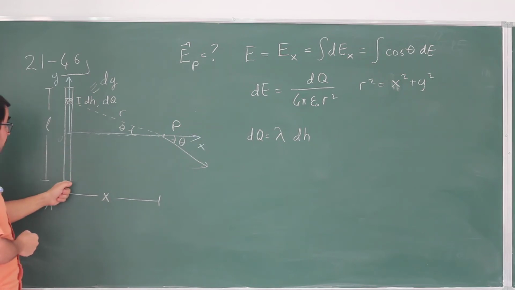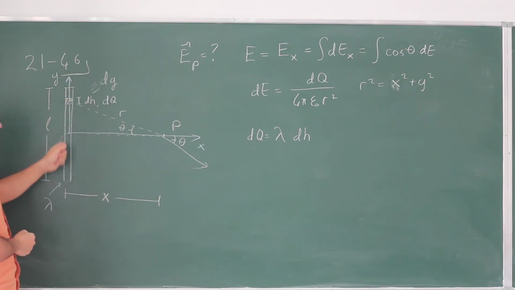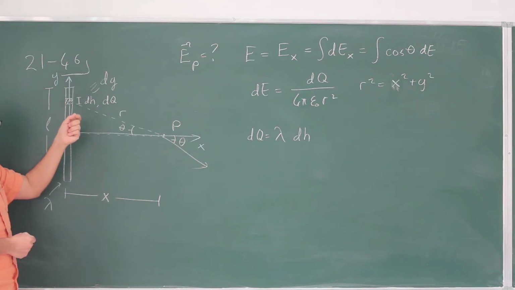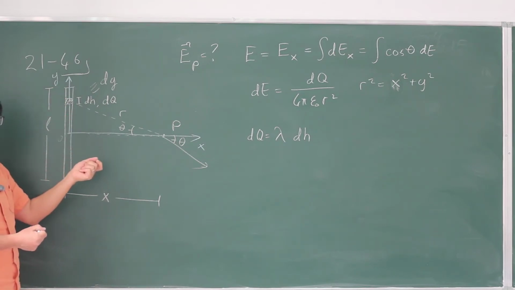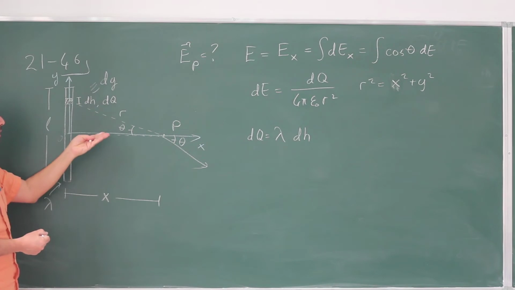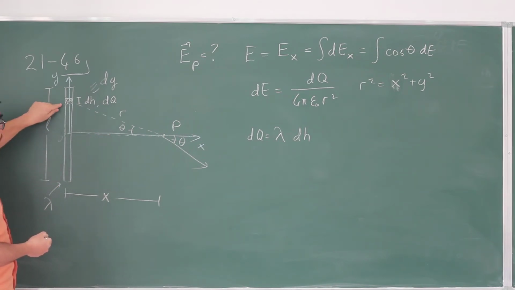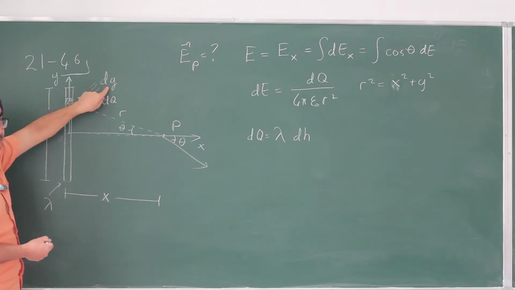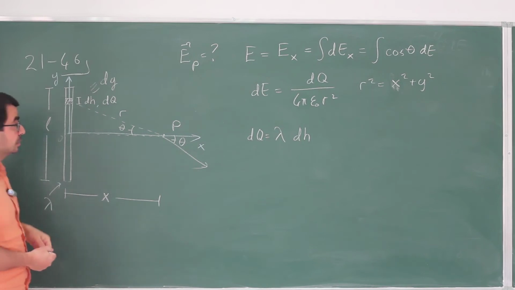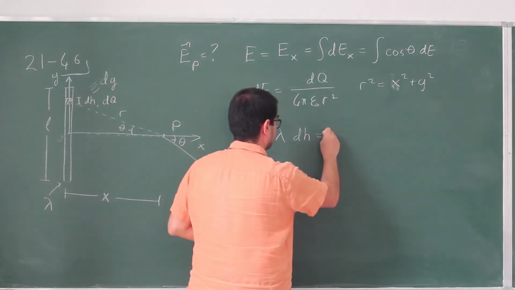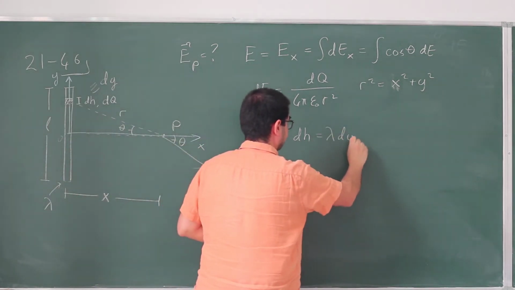But here it corresponds to moving along the y-axis in infinitesimal steps. And how do you move along the y-axis in infinitesimal steps? By adding dy to your y, to wherever you are. So it allows you to move from y to y plus dy. So this dh must be dy indeed. So this is going to be lambda times dy.